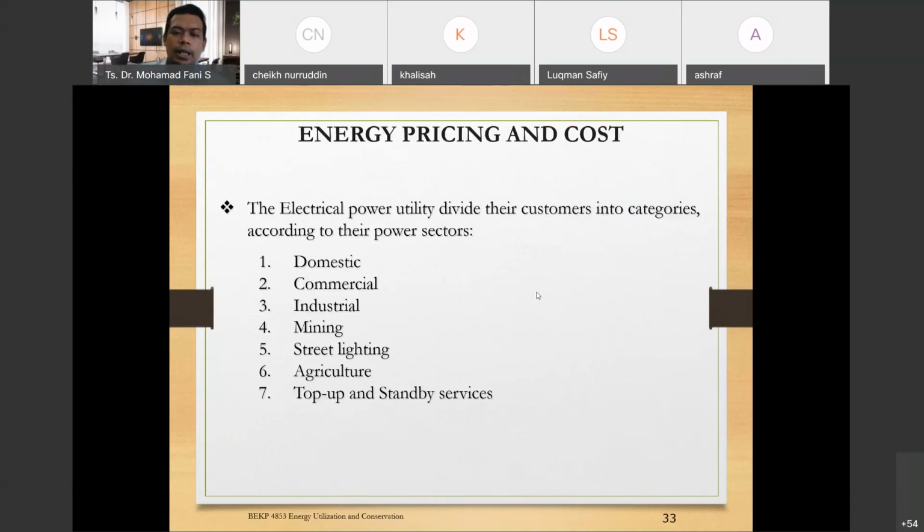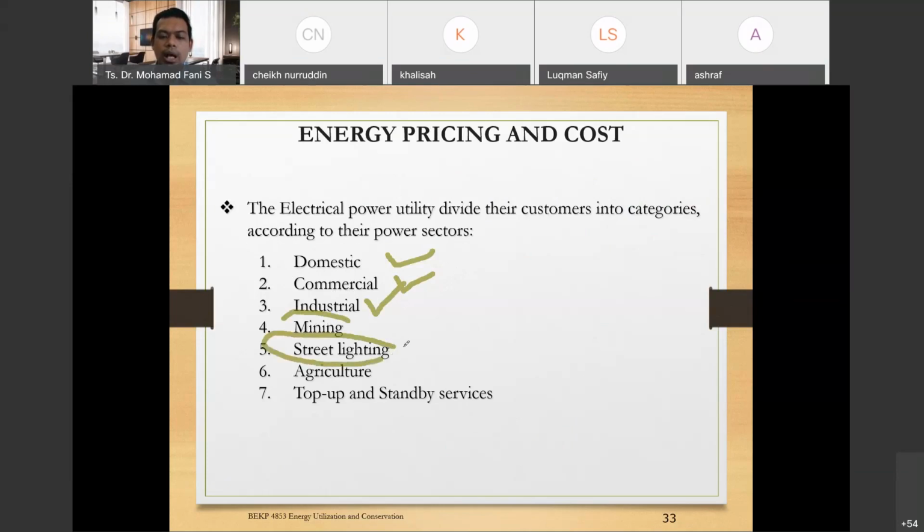Okay, the customers can be categorized from 1 until 7: domestic, commercial, like buildings, the government sector, or other complexes, hospitals, under the commercial. Industrial, from manufacturing, factories, etc. Mining.